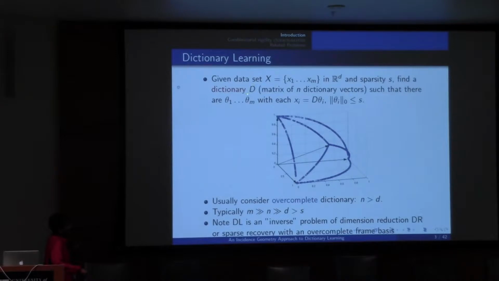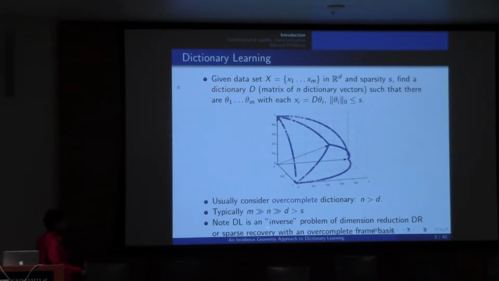Because it's an over-complete basis, there isn't a unique way of expressing the vectors in terms of the dictionary, but what we're interested in is a sparse way of expressing the vectors in terms of this over-complete basis.